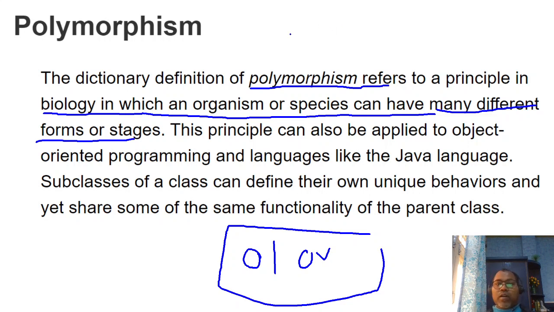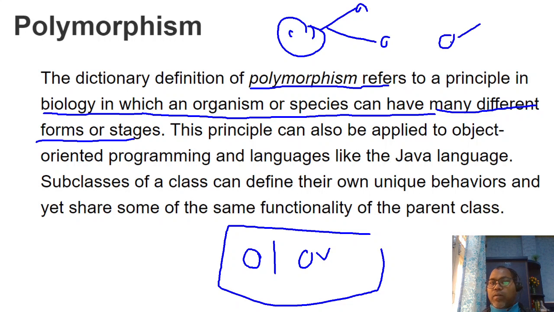That means if you define one method, it can behave differently depending upon which object you are assigning. In the case of overriding, and similarly in overloading, the same method name can behave differently and give different output. So in Java, you can achieve polymorphism through overloading and overriding.